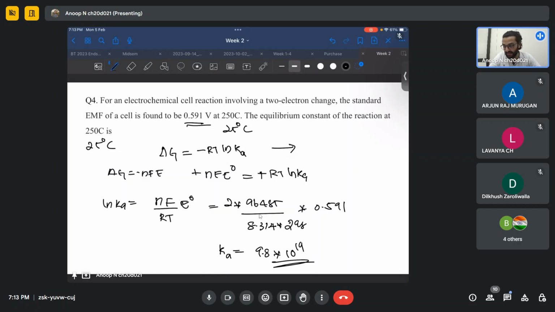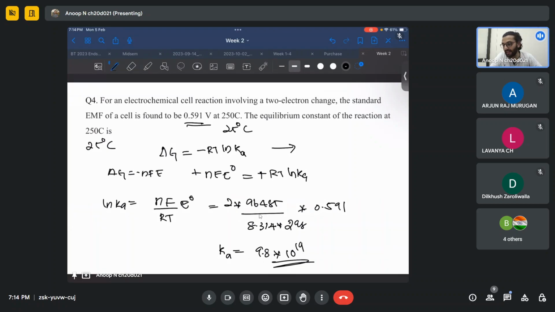So 2 into 96485 into 0.591 divided by 8.314 divided by 298, because I don't have a scientific calculator now.